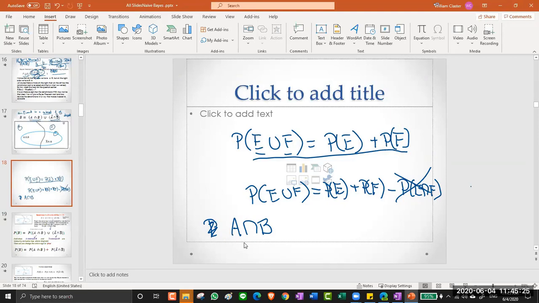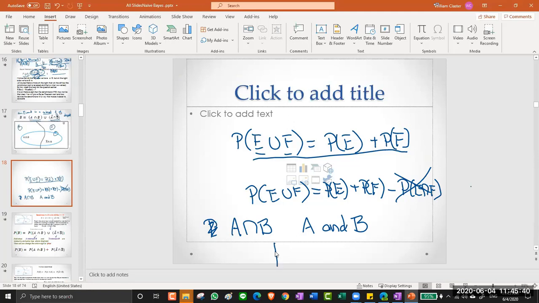A intersect B, but you can also read it as A comma B. A intersect B means A and B. It's the same thing.